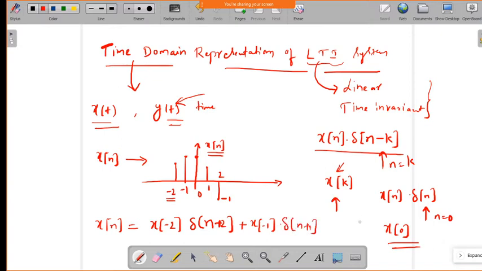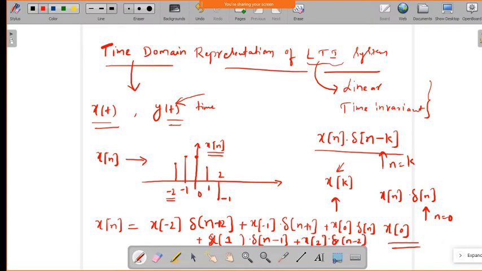And at 0, x of 0 into del of n. At plus 1, x of 1 into del of n minus 1. And similarly at 2, x of 2 into del of n minus 2.